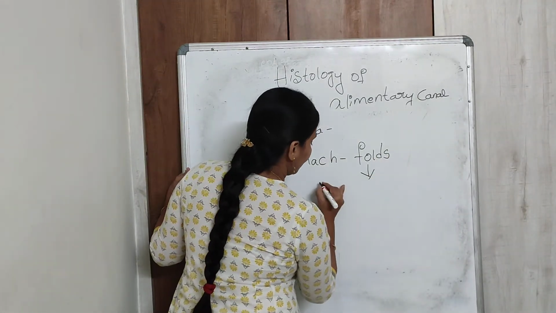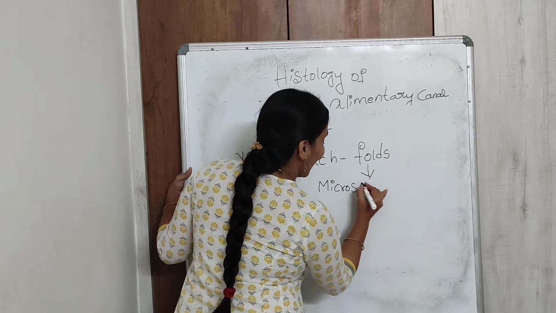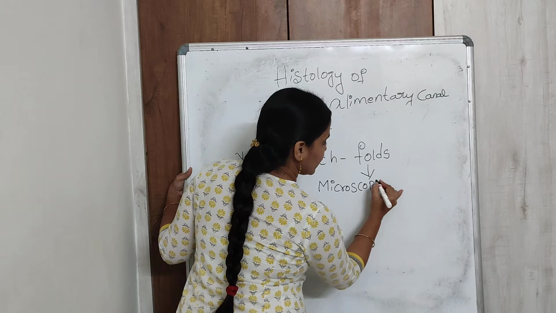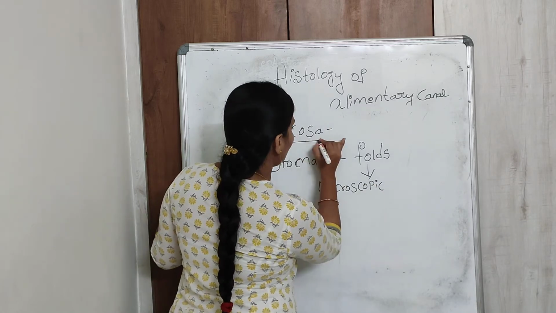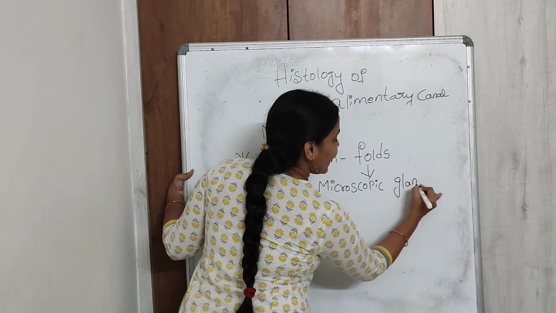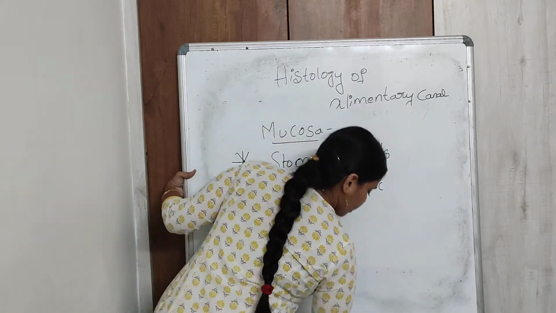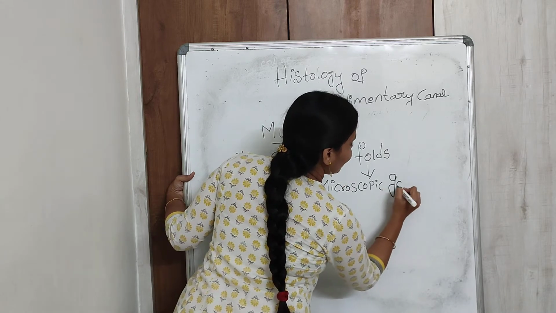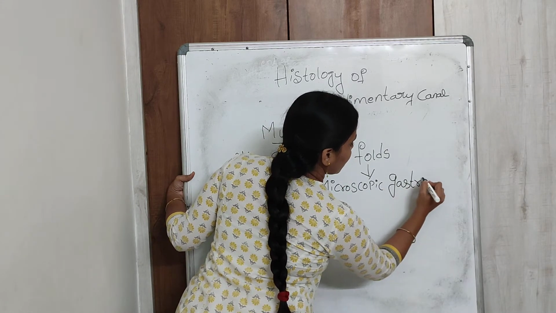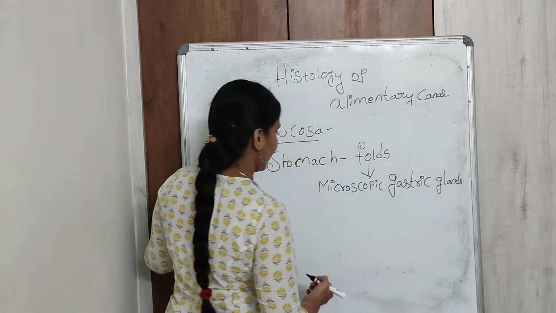These folds contain microscopic gastric glands. So the mucosa contains what, children? Gastric glands are present. You know, these are one of the digestive glands.